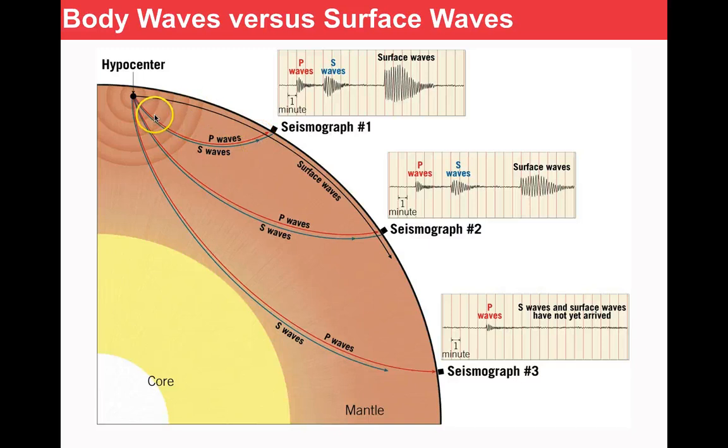You might be asking yourself, why do they draw these arrows as curves? We haven't really talked about this a whole lot in terms of wave behavior, but in physics we understand that when waves enter areas of higher density, they tend to refract, and that's the reason why you get rainbows forming on Earth and in our atmosphere: different densities, you've got water droplets in the air, and it basically refracts light.